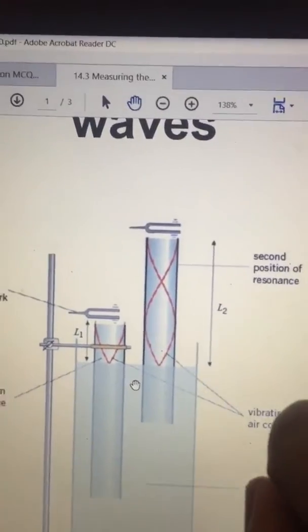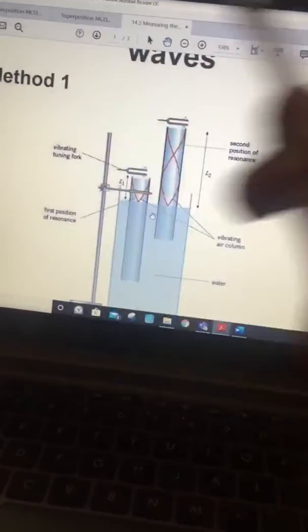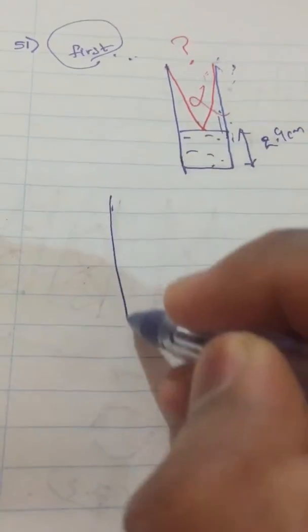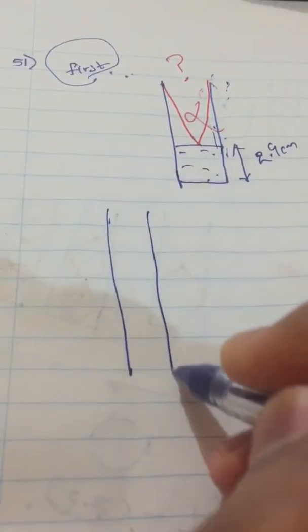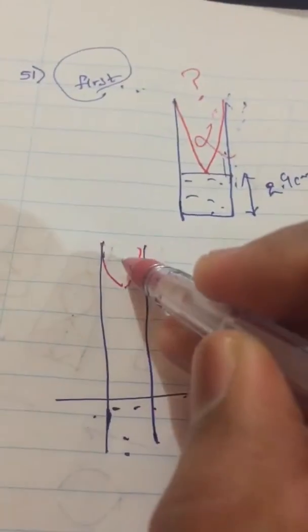So if we consider this and if we draw for that system, if you try to draw the third possible length for that system, it would have a shape where there is a lambda by 4, an antinode.